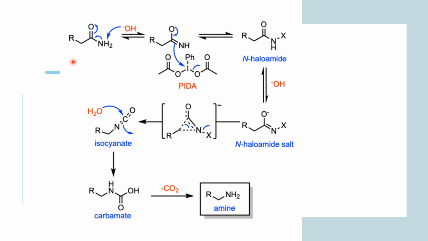Okay, the base is present, which is potassium hydroxide, that is going to extract the proton from the amide to give us the negative charge, which can also form this imine as an equilibrium, and then this enolate can attack at the iodine center of the PIDA, and we get this N-haloamide.